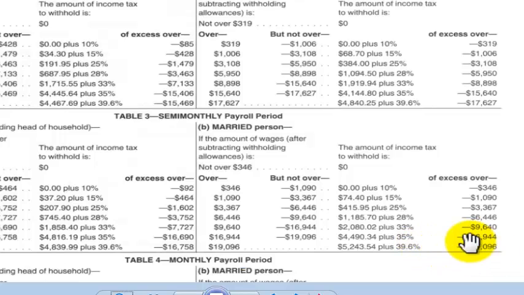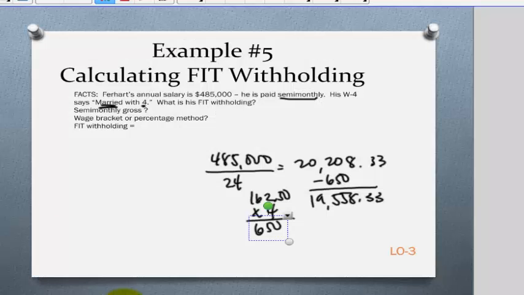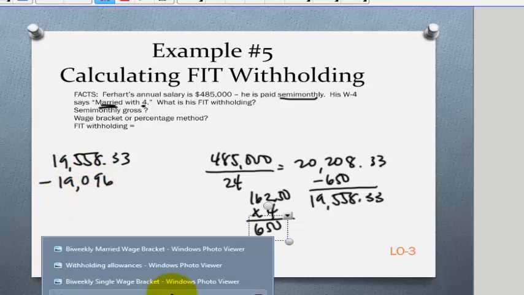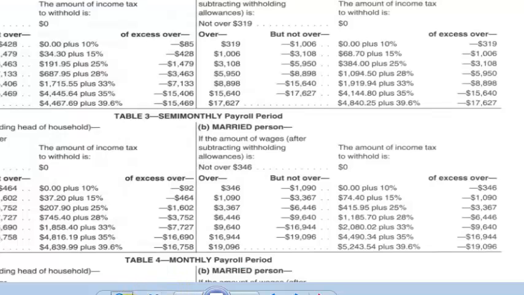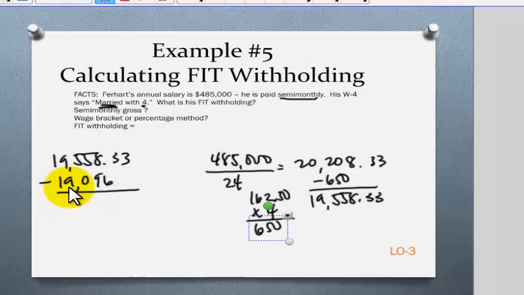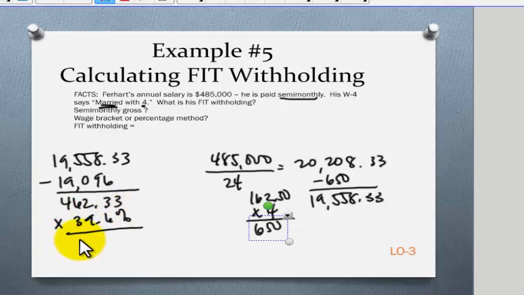Okay, so let's calculate this. So we're going to take the $19,558.33, subtract out that $19,096. That's what it was, isn't it? I almost can't remember. Yeah, okay. And so then we're going to get $462.33. And we're going to multiply that by the 39.6%. When we do that, we get 183.08.